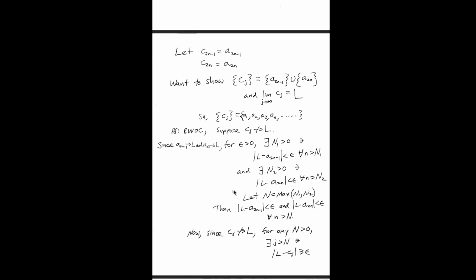Okay, now let's let capital N equal the max of N1 and N2. Then we can say that the absolute value of L minus A 2n minus 1 is less than epsilon, and the absolute value of L minus A 2n is less than epsilon for all little n greater than capital N. Very good.